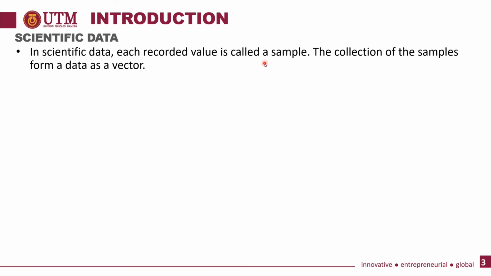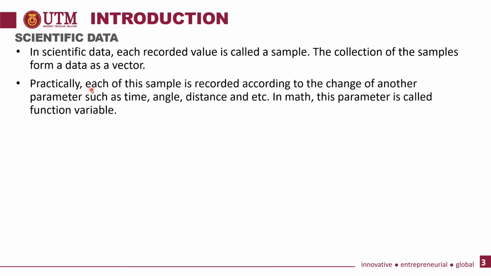The collection of the samples forms the data as a vector. When I finish collecting my data, it is combined together to become a vector. Practically, each of these samples is recorded according to the change of another parameter such as time, angle, distance, etc. In mathematics, this parameter is called the function variable.